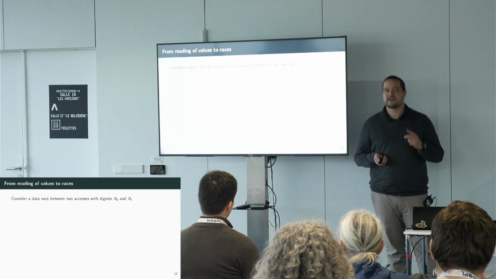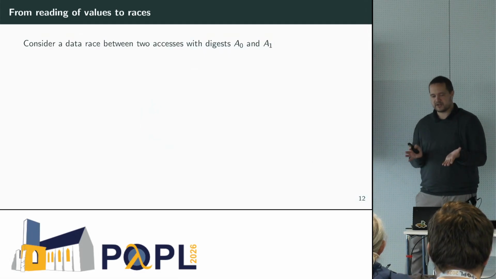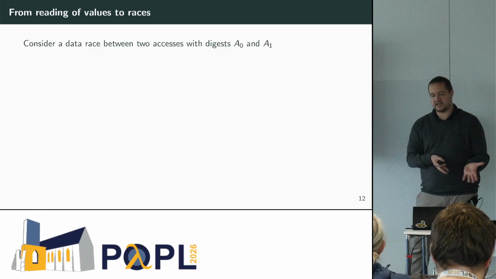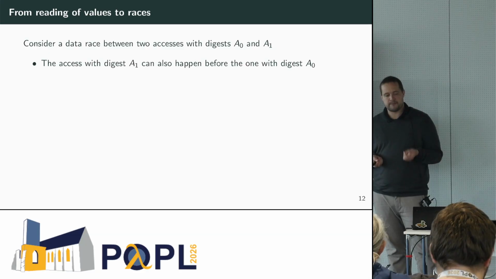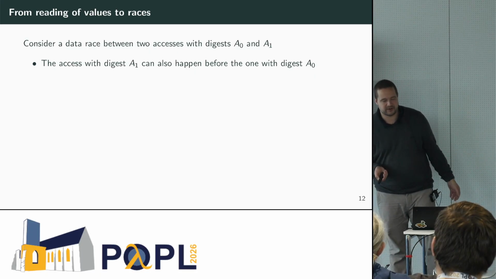And then let's see how we can get from this to actually the races. Let's consider a data race between two accesses, and let's say these two accesses have the associated digests A0 and A1. Then the access with the digest A1 can be ordered such that it happens before the access with the digest A0, because they are racy, so they are unordered.